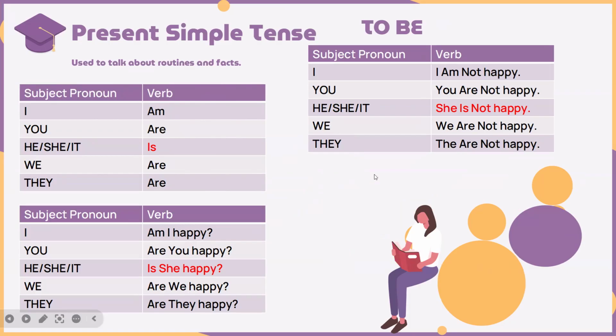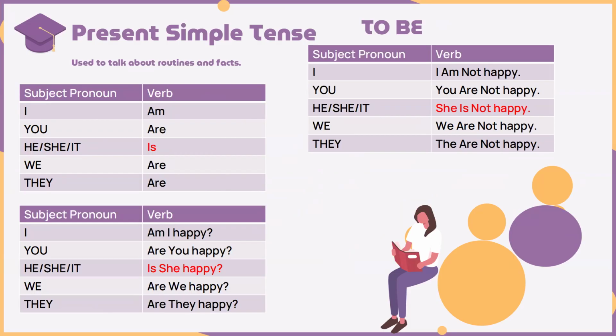Like we just saw, I do not visit. No, in this case, we don't use do. We only use the conjugation of the verb to be plus not. So for example, I, you, we, they, we're only going to use the verb plus not and the rest of the sentence, okay? For third person, he or she, we only use she is not, okay?